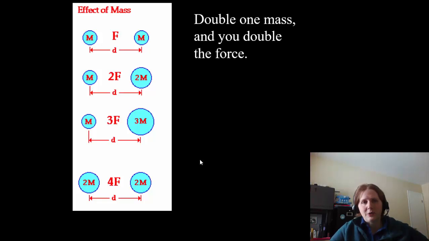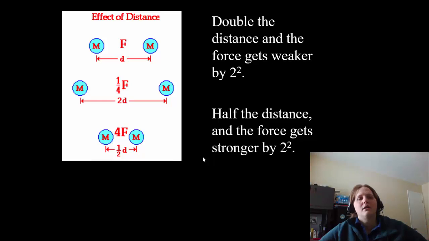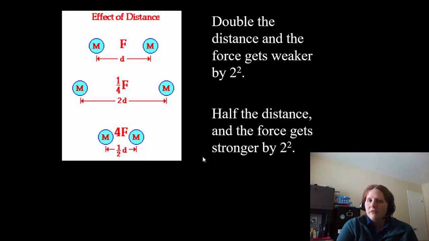Taking into account a change in distance is a little bit more complicated because of that r squared. Whatever change in the distance you do, you have to take it into account twice. You have to square that change. So here's our initial situation: a mass, and a certain distance, and they'll be attracting each other with a certain amount of force.